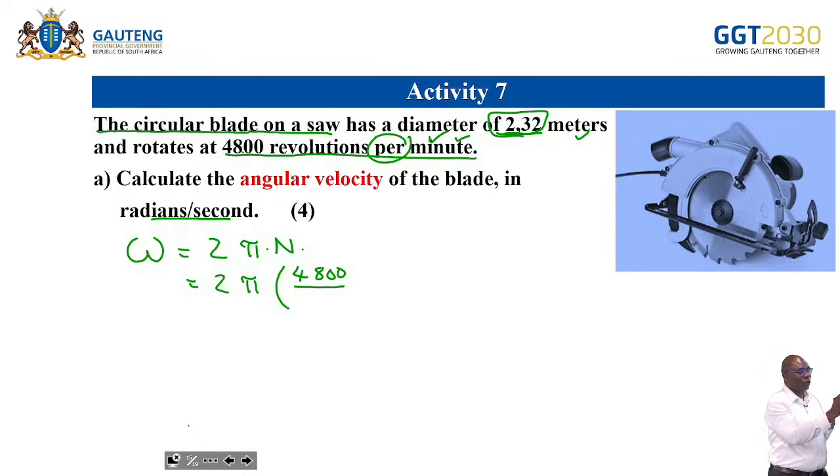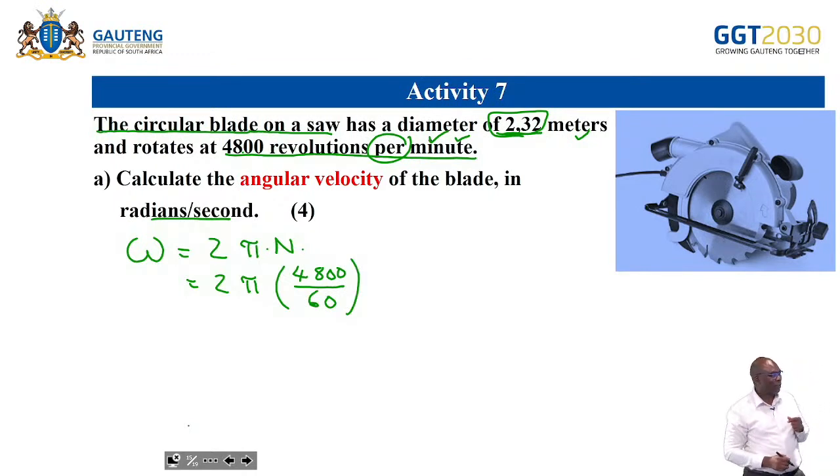So per means we need to divide that one by 60. So please do not multiply by 60, because we want to take the minutes to seconds. Please divide by 60. It's per minute, so here we need it per second.